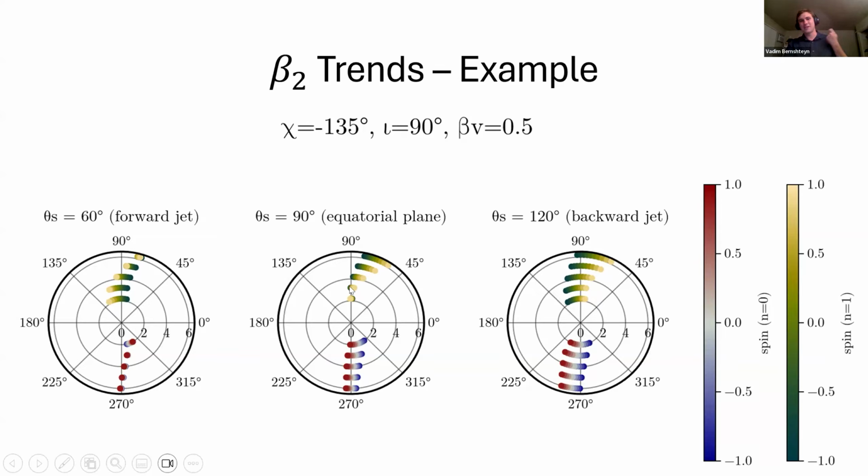And we can even have a configuration like here in the equatorial plane for small emission radii. The photon ring's beta-2 is basically independent of spin, which is interesting. We didn't expect to see that, and it kind of shows that beta-2 dependence on spin in this very generic model is actually not that simple.